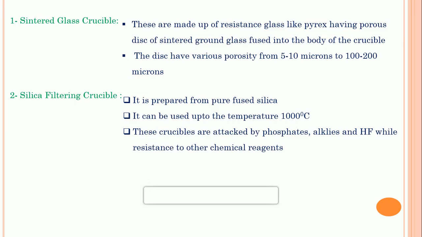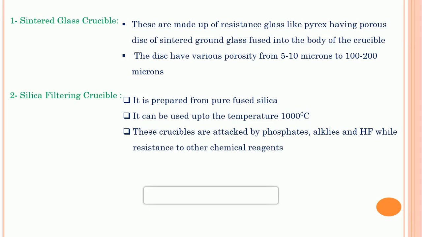Silica is a very hard material, and therefore this crucible is also hard, and it can be used up to a temperature of 1000 degree Celsius. That means we can apply a very high temperature during filtration. If the precipitate is already at a high temperature, we can do hot filtration using this silica filtering crucible.